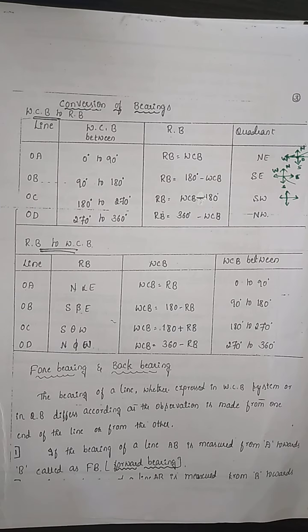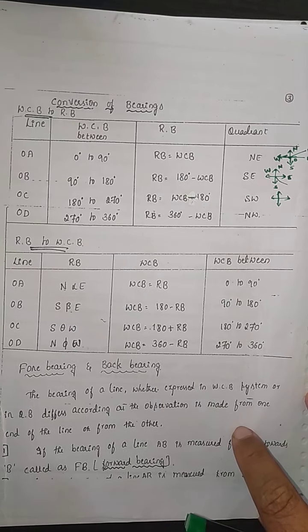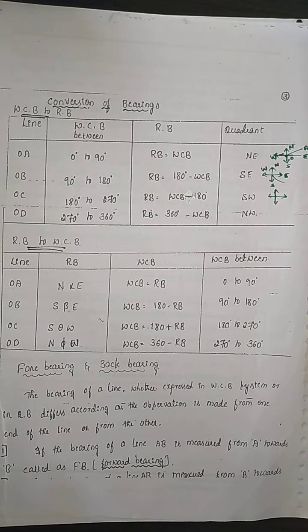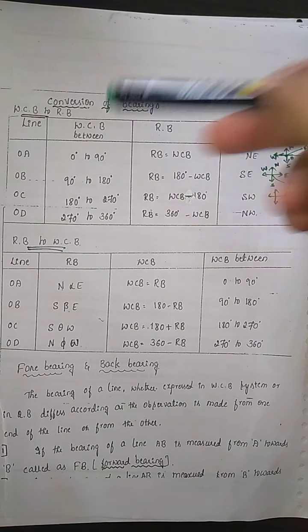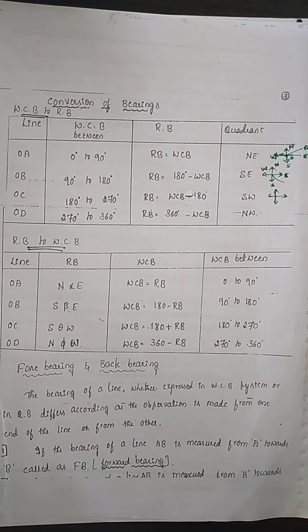In order to do conversions like this, you need to use certain formulas. So let us discuss what are the different formulas we need to use in order to convert from the whole circle bearing to reduced bearing.